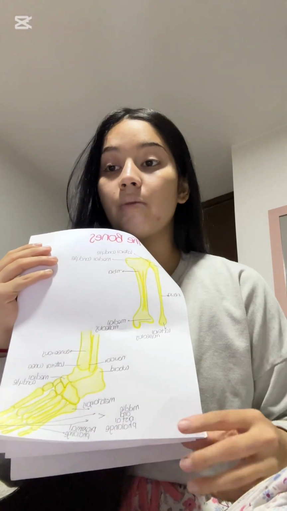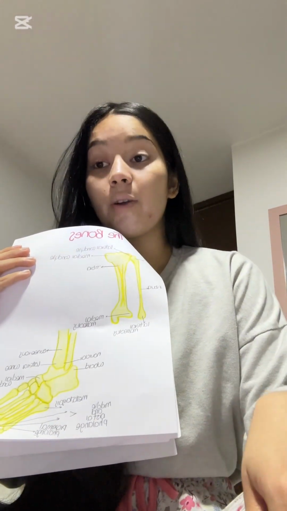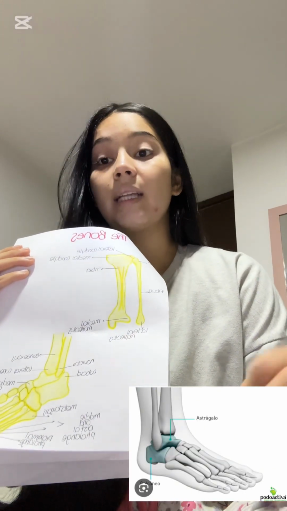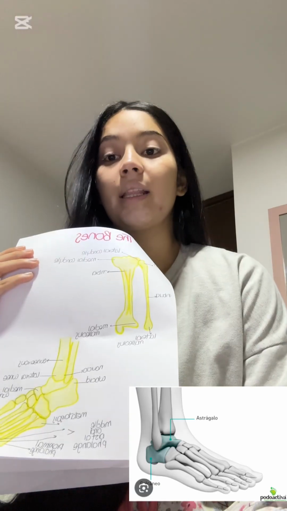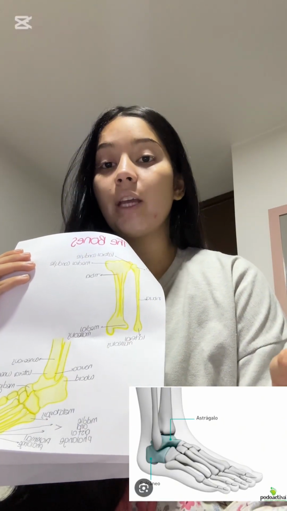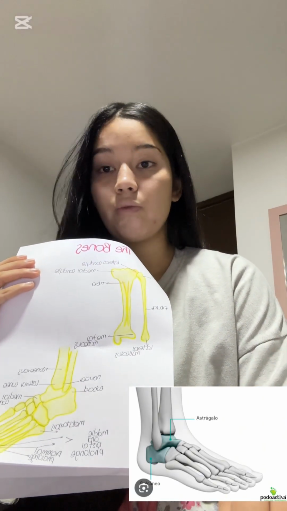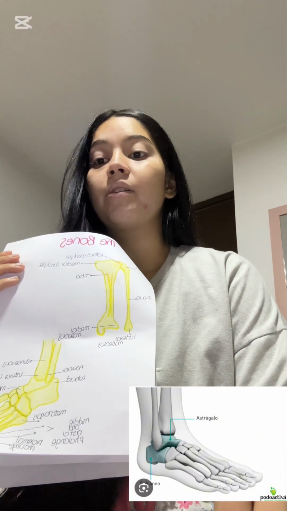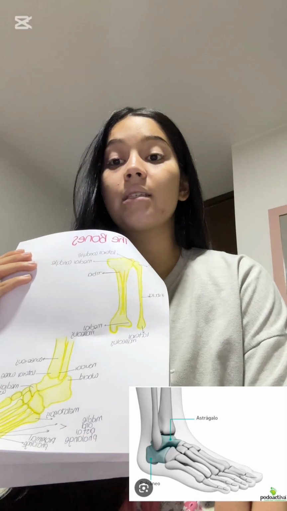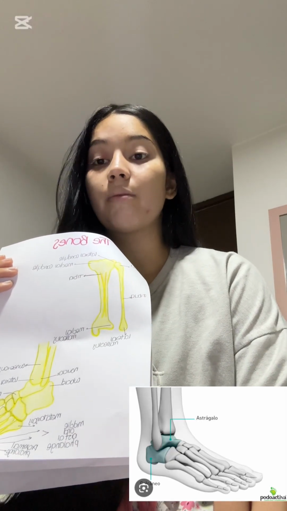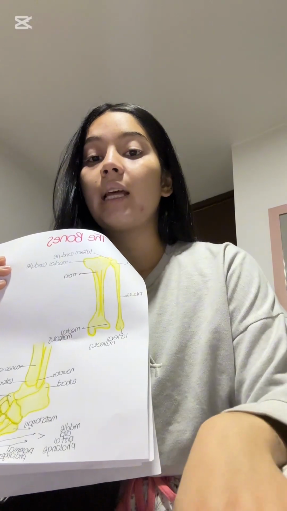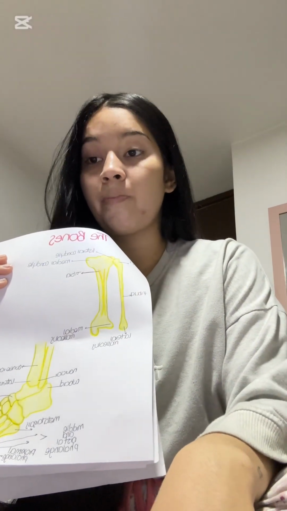The tarsal bones include the calcaneus, the heel bone, the talus, the navicular, the cuboid, and three cuneiform bones. The calcaneus and talus form the rear foot and are essential for transmitting body weight from the leg to the ground.